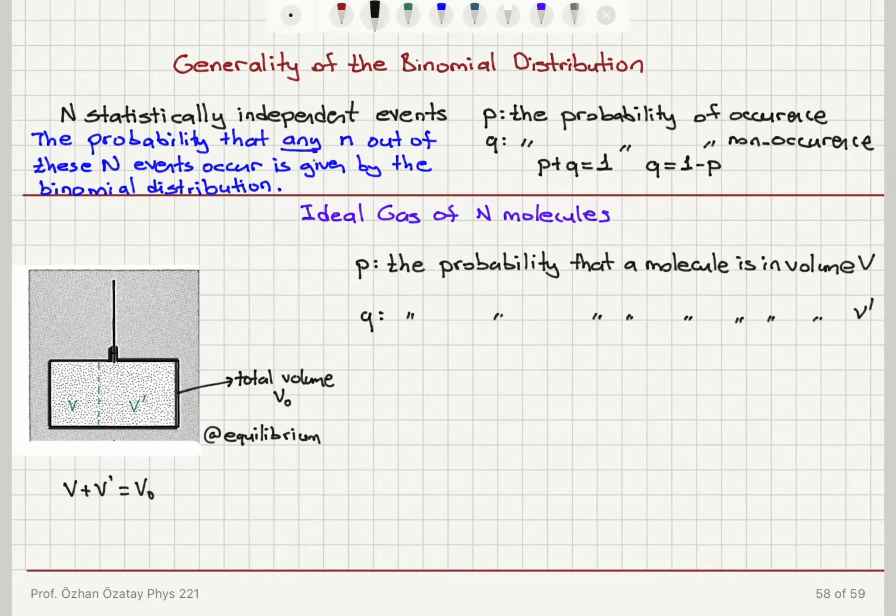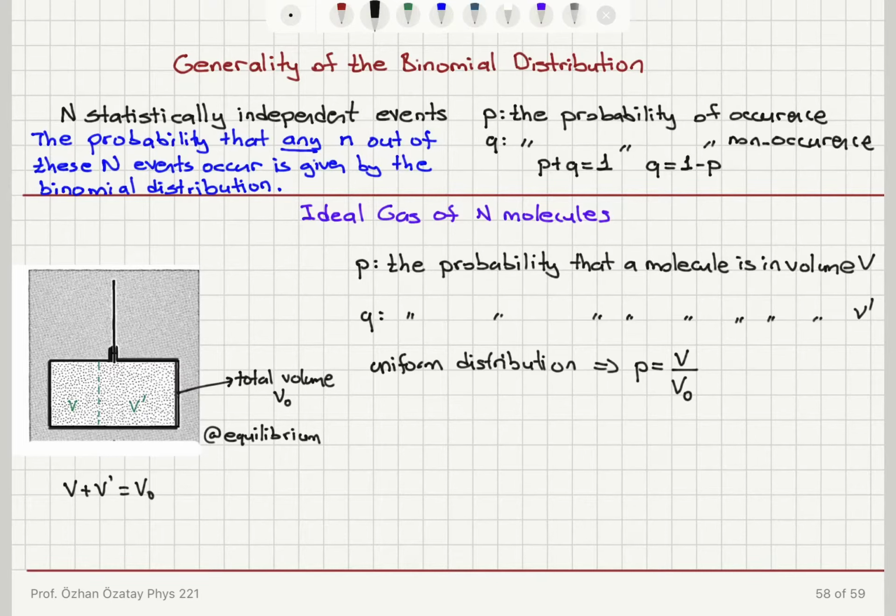Now, since I have equilibrium, uniformly distributed molecules, uniform distribution implies that this P is the volume V divided by the total volume V0, because the number of molecules on average in volume V should be this fraction V over V0 multiplied by the total number of molecules N.